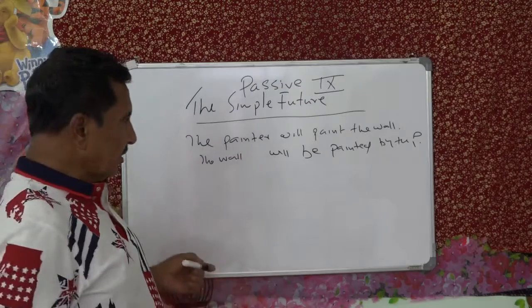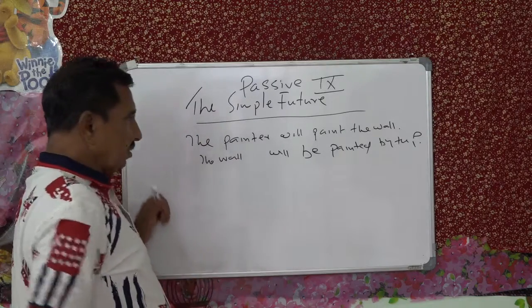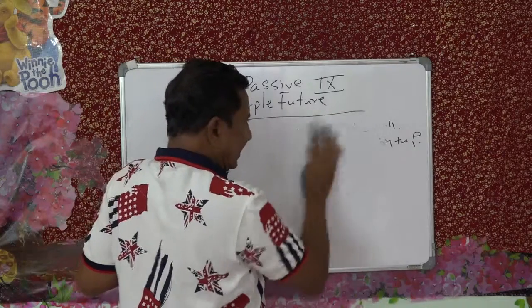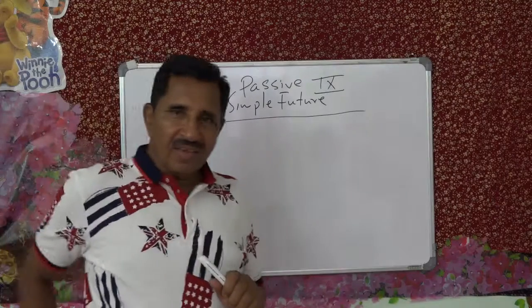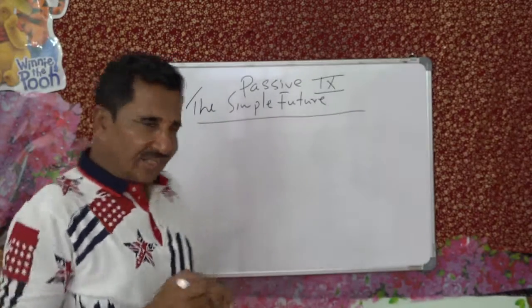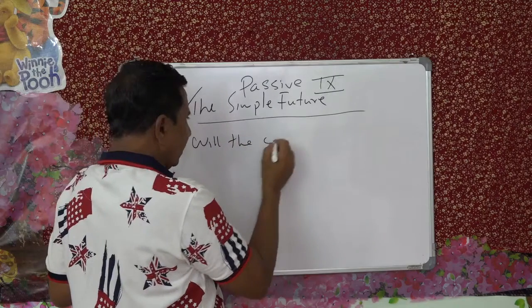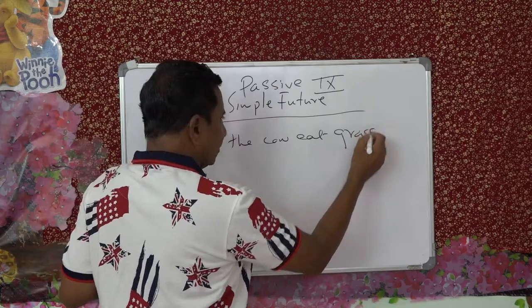Simple. Now the yes or no question with will. You want a different sentence, a variety? Variety is the spice of life. So let's have a variety. Will the cow eat grass? That is a yes or no question.